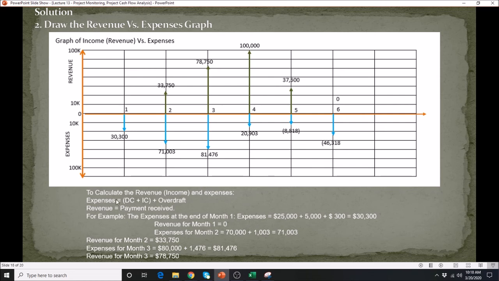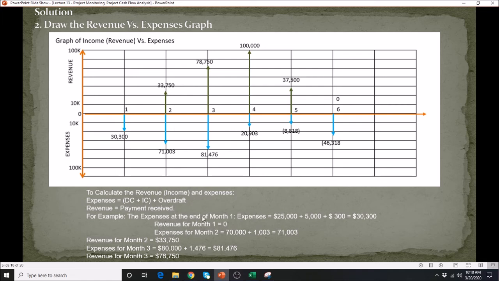In this case, we have the explanation and the calculations below the table. The expenses are in the negative direction. The revenue is in the positive direction, above the line 0. To calculate the first month, it is just your DC plus your IC plus your overdraft.